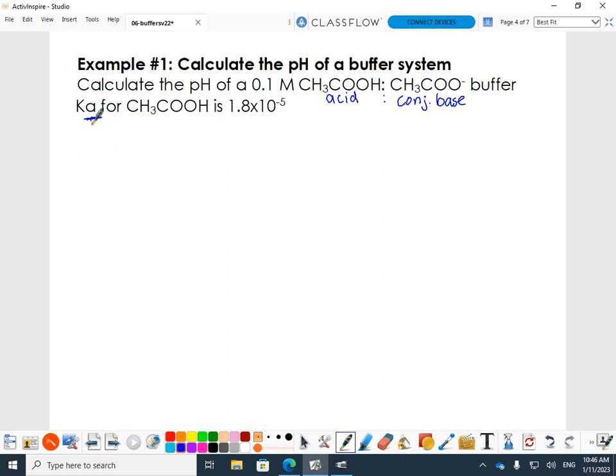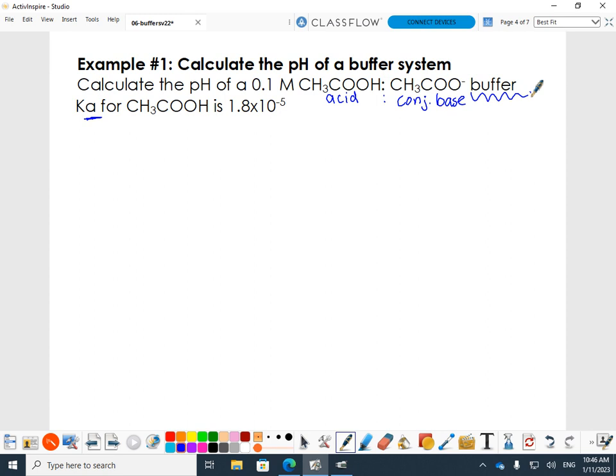It tells you that it's a buffer, which means that we can use the Henderson-Hasselbalch equation. But it also gives you this weird sort of notation. Really, technically, this is telling you what the original solution is and what the conjugate is. So it actually makes your life a little bit easier. Now you don't have to figure out what that other ion should be. You just need to figure out if it's going to be H plus or H3O plus or OH.